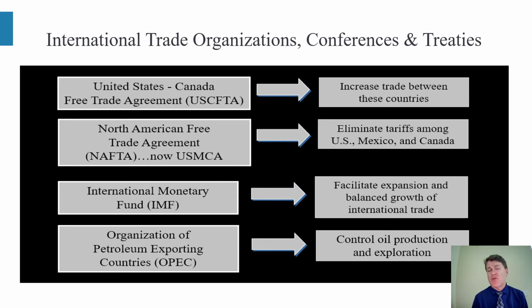And sometimes they even try and restrict output so as to reduce supply and increase price. Again, that isn't necessarily always in promotion of economic activity, especially when they're trying to do things to increase the cost of oil.